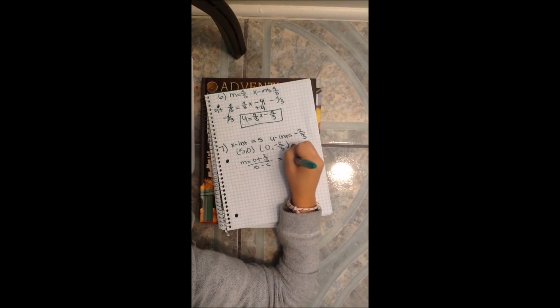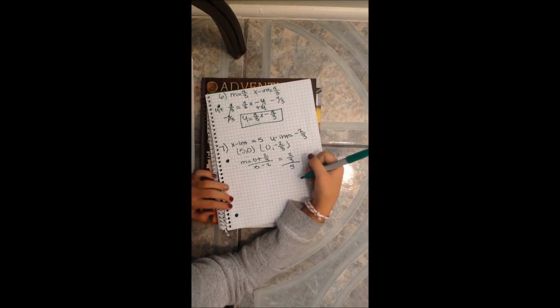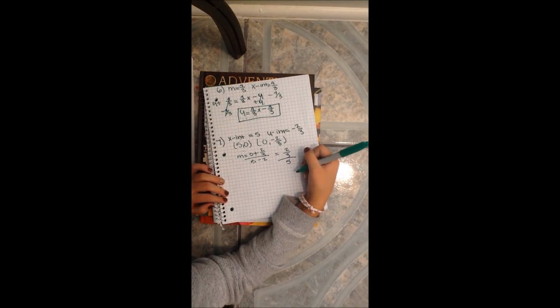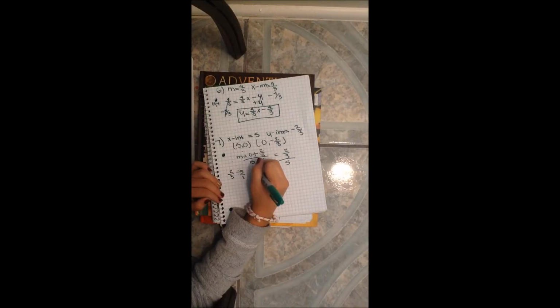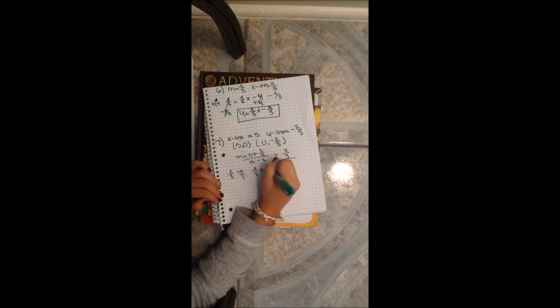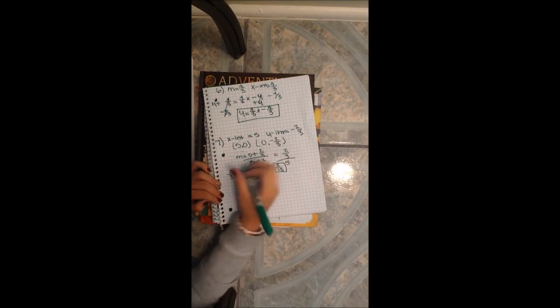So 2 over 3 divided by 5. To simplify it, you would have to do 2 over 3 divided by 5 over 1, and you do keep change flip. It would be 2 over 3 times 1 over 5, multiply across, and you get 2 over 15. So this is my slope.